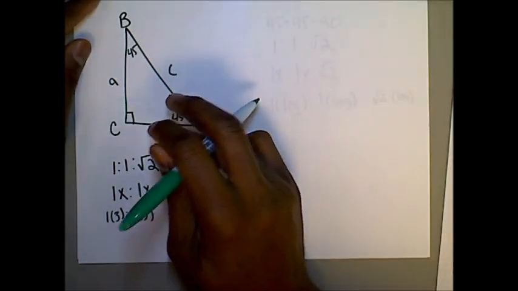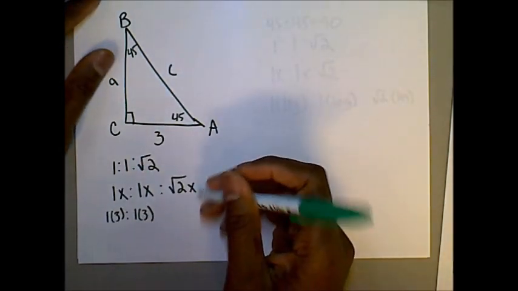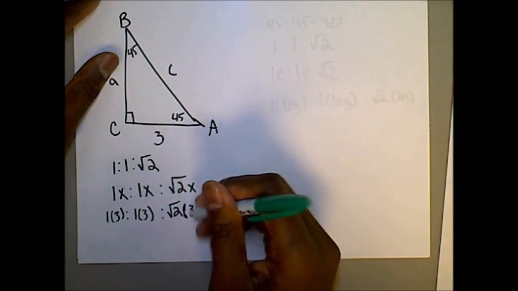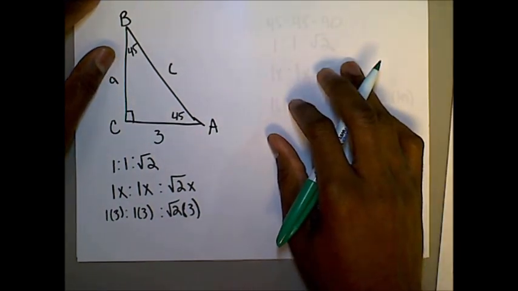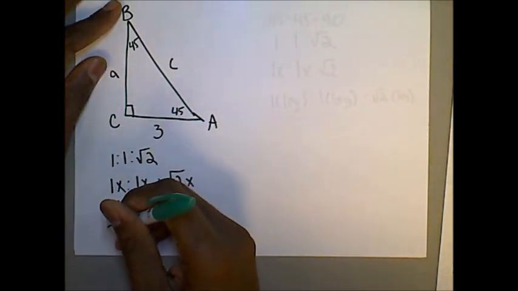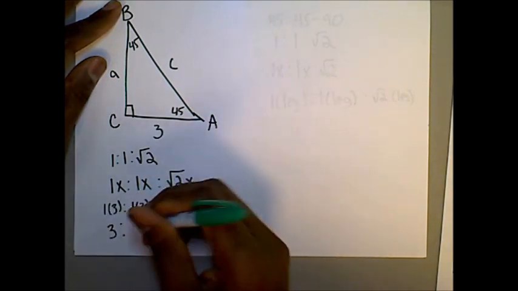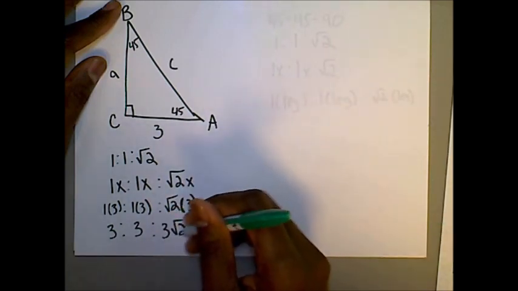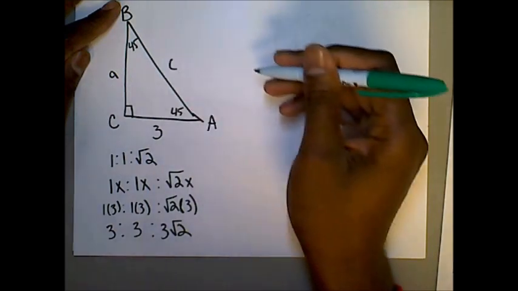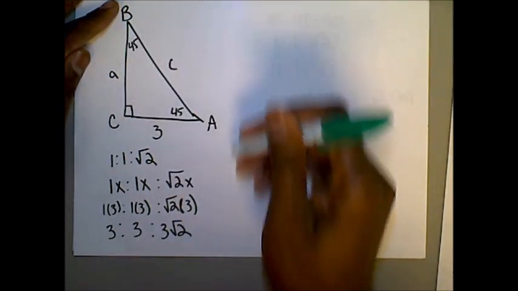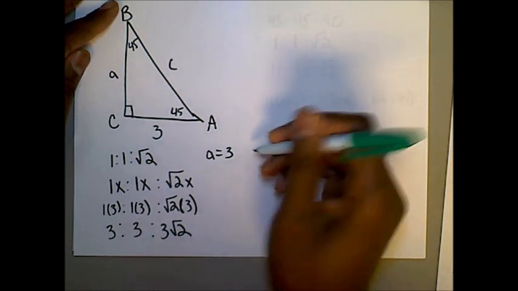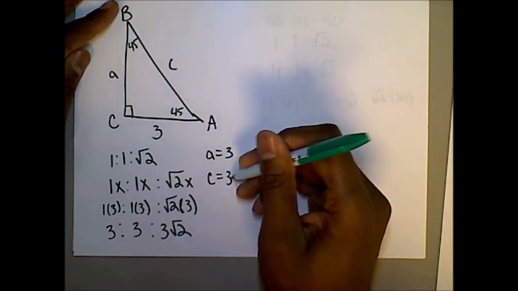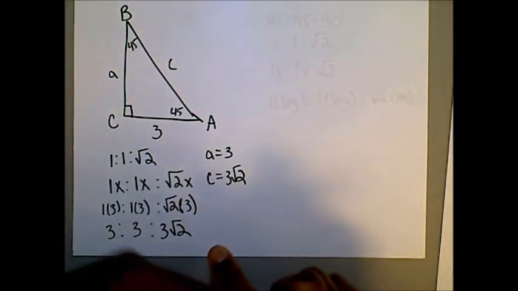This is my x, so 3 goes here and also here. My last ratio is square root of 2 times 3. So my side lengths are 3, because 3 times 1 is 3, again 3, and 3 times the square root of 2, which you can write as 3 square root of 2. So a is equal to 3, and c is equal to 3 square root of 2.